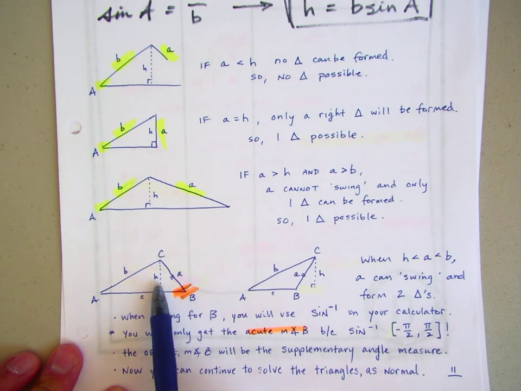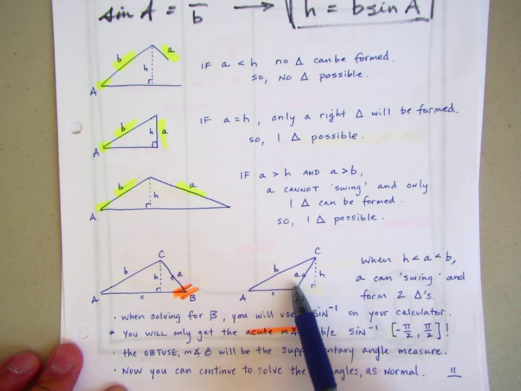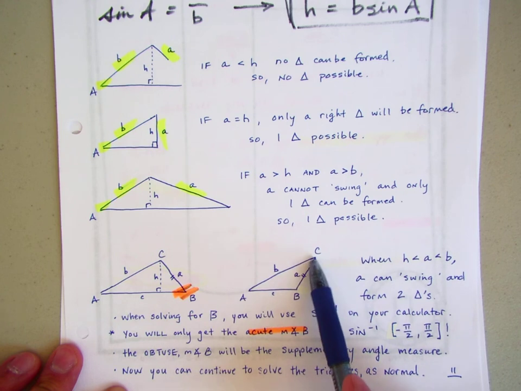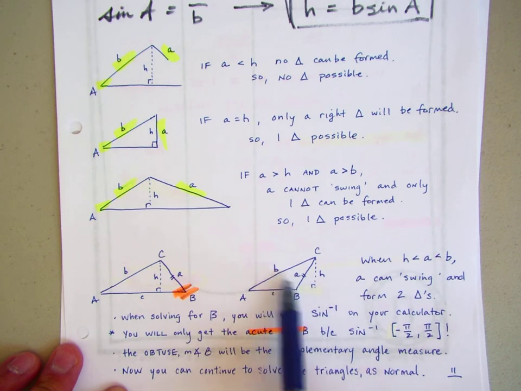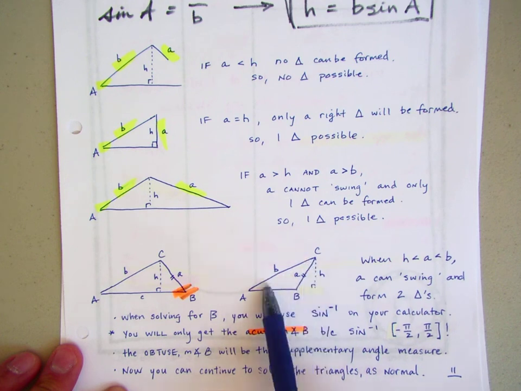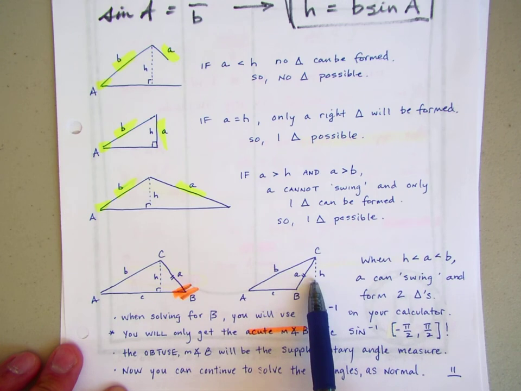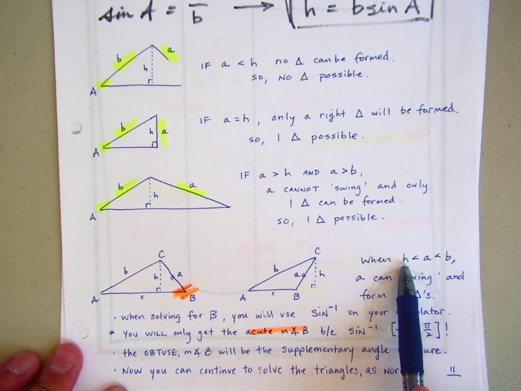But because A is a little bit longer than H, it could go out here, or it could also fold inside here. Whether it could fold inside depends on whether A is smaller than B. If A is smaller than B, then yes, it could be any of these lengths in here. So A has to be smaller than B, but still larger than H. If that's the case, I do have two triangles.